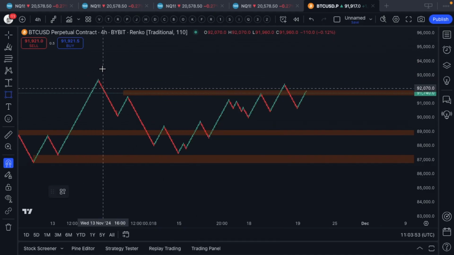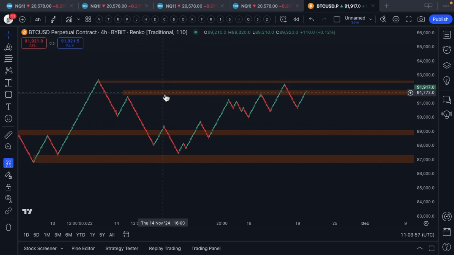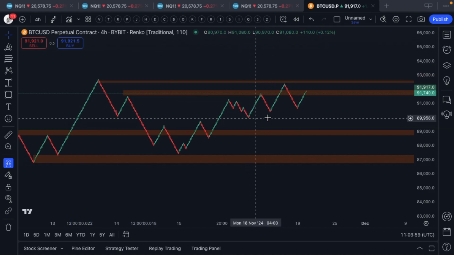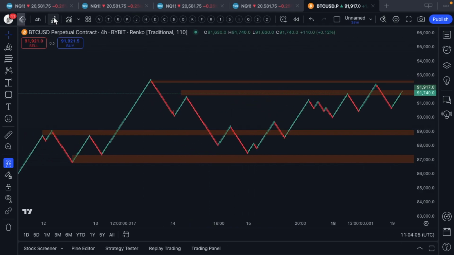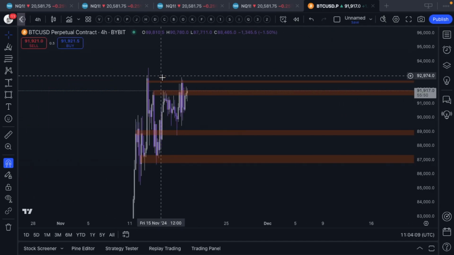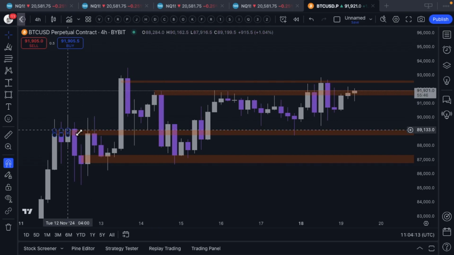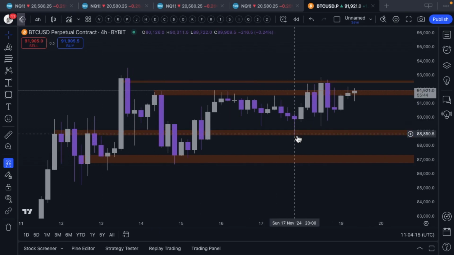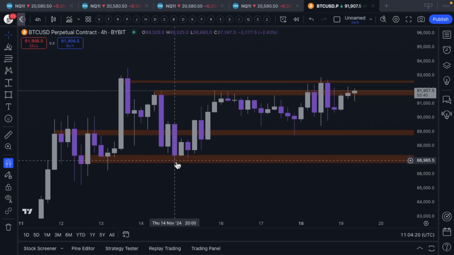You would definitely want to mark out your top. Always be marking out your tops. Here we've definitely got some interesting development. Let's take a peek back at normal candles and see how that works out. All right, so these ones that we've marked out here, I mean, look at that. It's quite lovely. And again, you're cutting out a bunch of the noise.